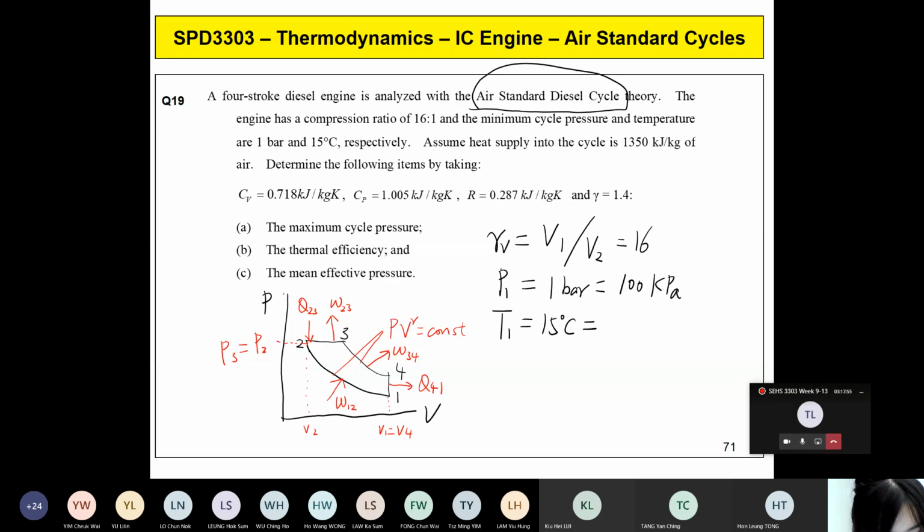You should always use absolute temperature. You should always use K as your unit. So let's change it. What's the number for the absolute temperature? Can you tell me? Good.